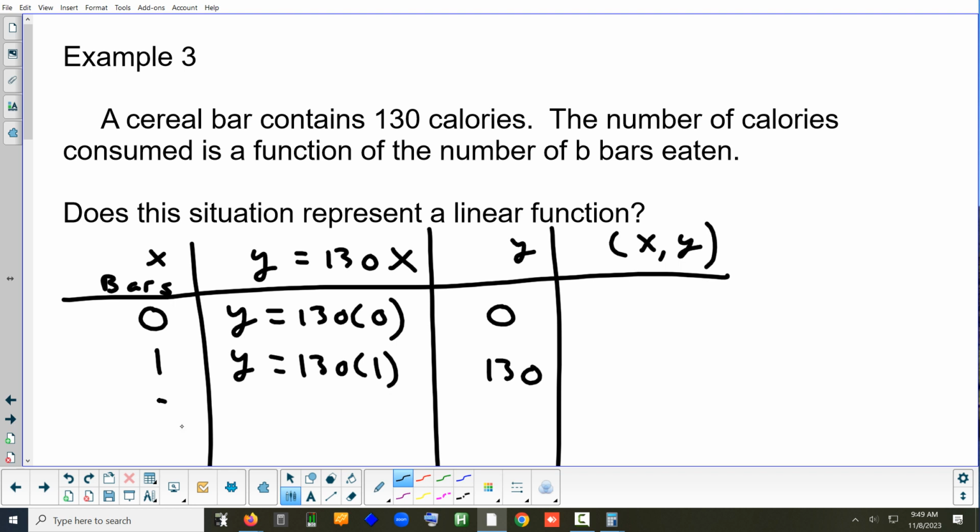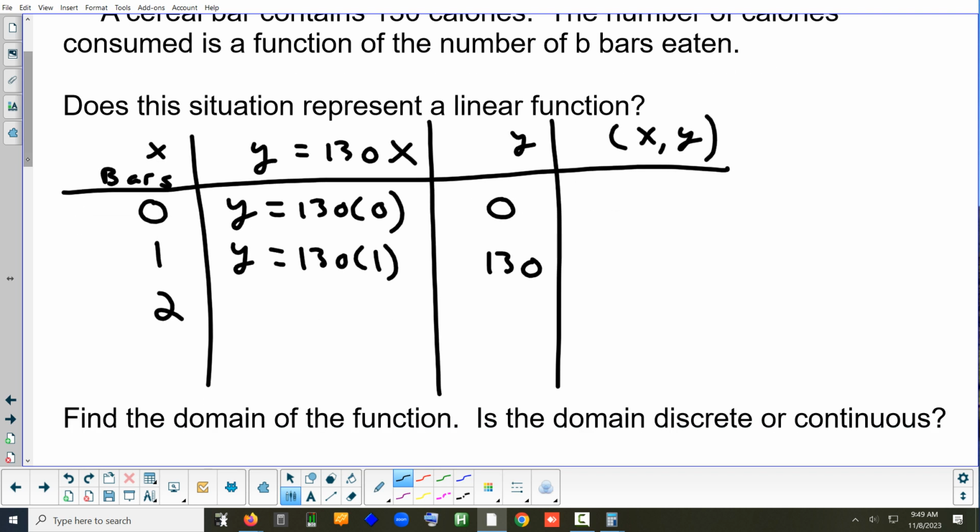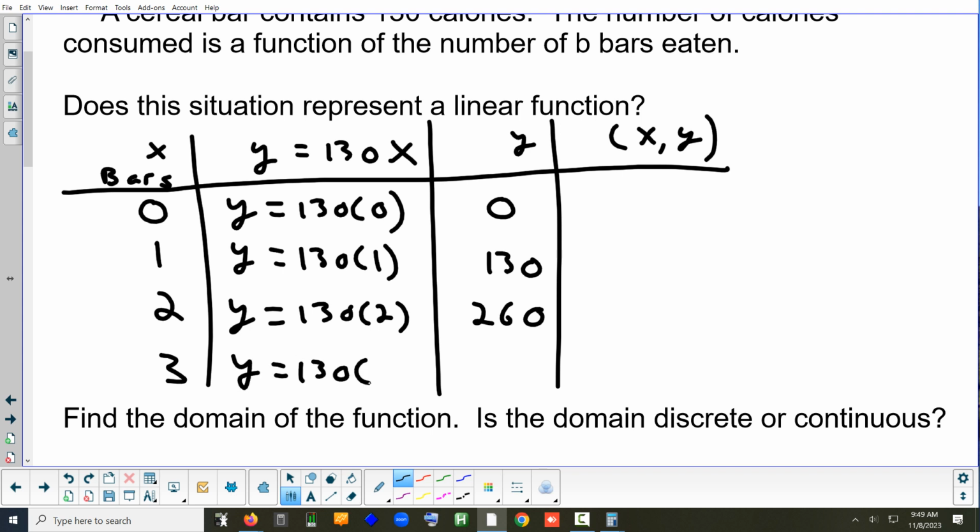How many calories from 2 bars? Okay. And let's just say you only have 3 bars to eat. So we'll stop at 3. But if you had 20 bars, then you should eat 20 bars. So 3 bars. How many calories do you get from 3 bars? 390. Okay, so let's make some coordinates.